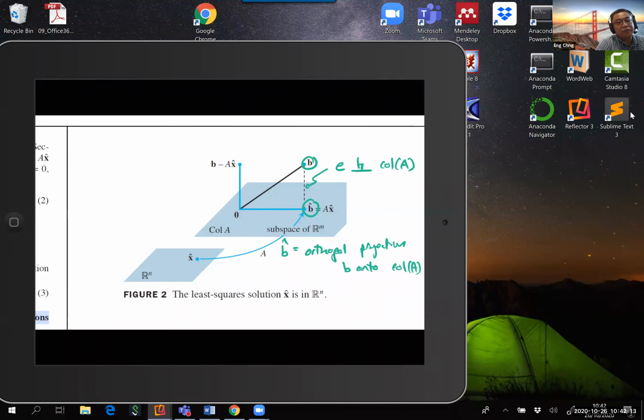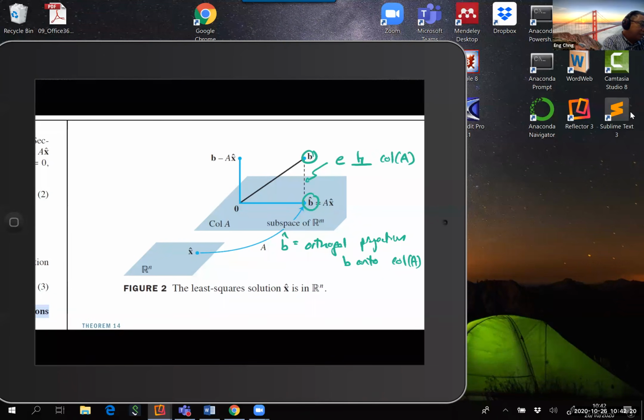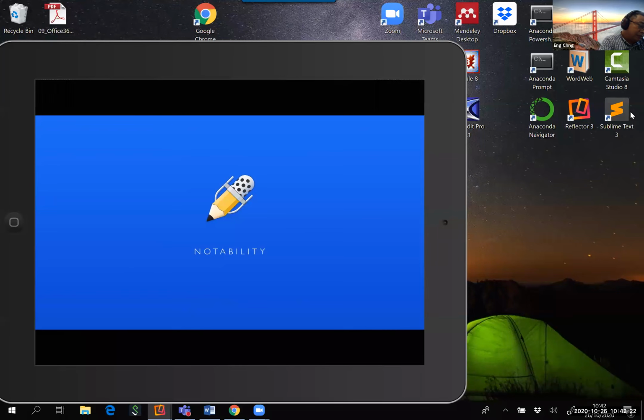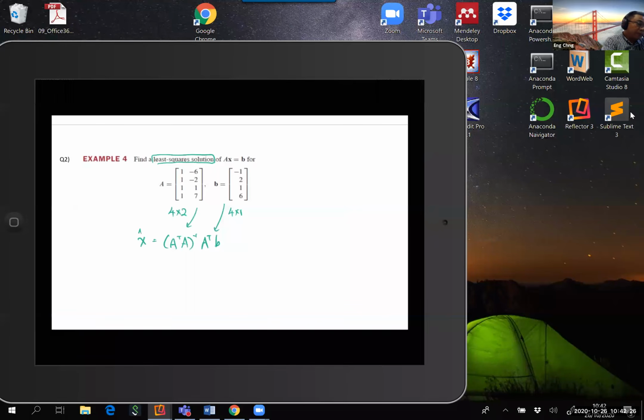So once we have understood that, then we could use the same principle of orthogonal projection to answer this question. Where is the orthogonal part? Interestingly, if you check column 1 versus column 2, column 1 and column 2 are orthogonal.